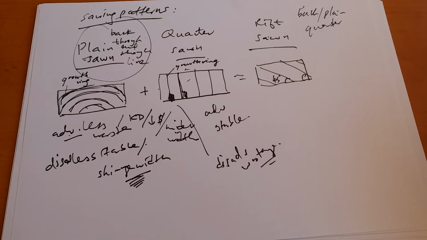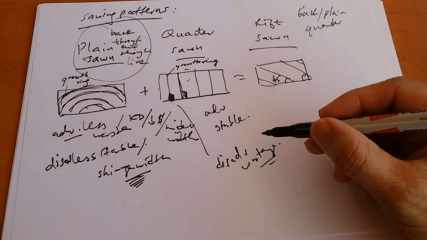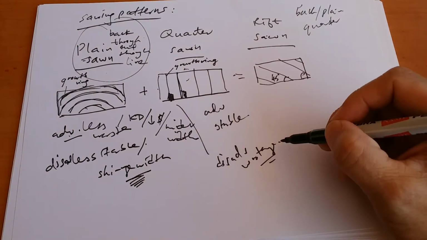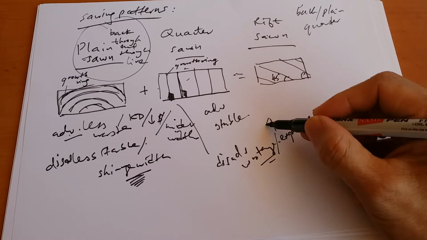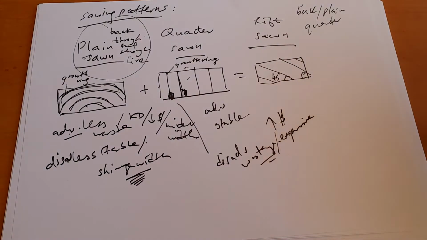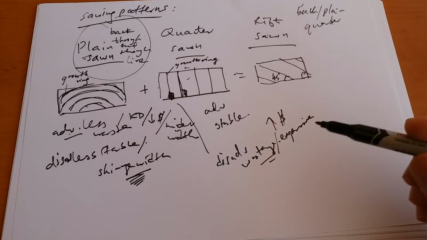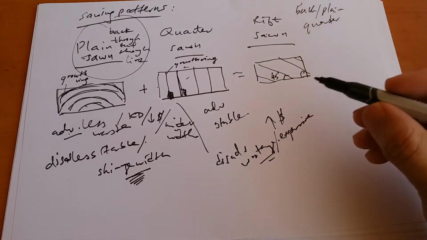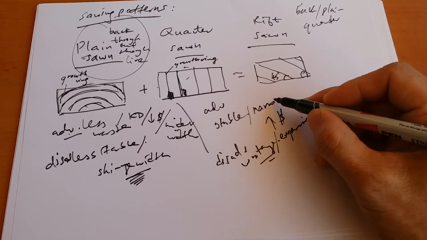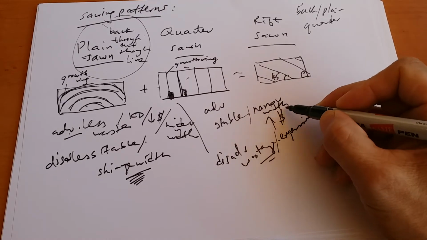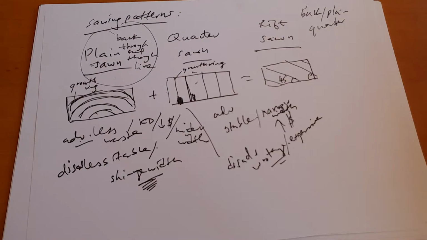When you have more wastage, then your timber will be very expensive. It's very high in price, because you are going to waste a lot of timber. However, it's very stable, but you have a very narrow width.